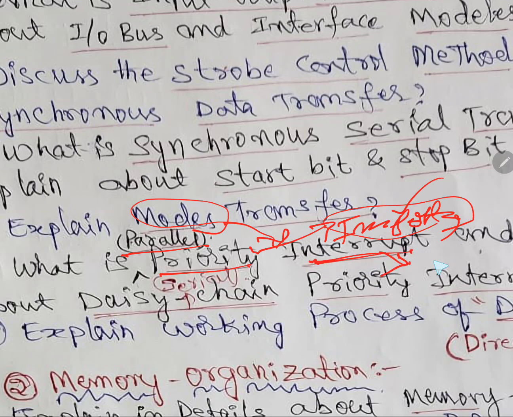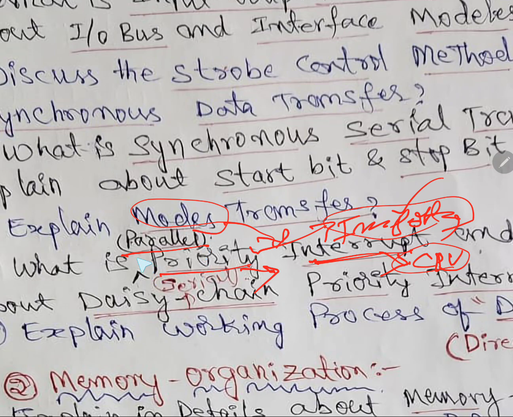Interrupt means disturbance to the CPU. Many functions and works will interrupt the CPU so that their work should be done first. Some human beings also want their work done first. Like that, some works in a computer interrupt the CPU so that their work is given priority, but the CPU will give priority according to its speed.